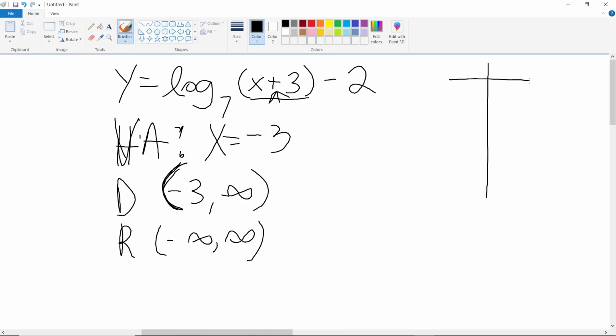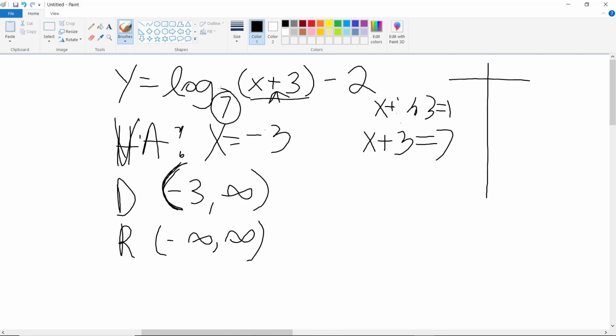And then to graph some points, I want the point that makes x plus 3 equal to 1, and x plus 3 equals 7, equal to the base. Because at the base, log base 7 of 7 is 1. Log base b of b is 1.